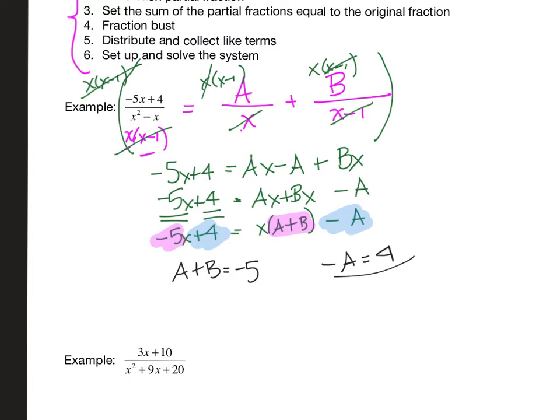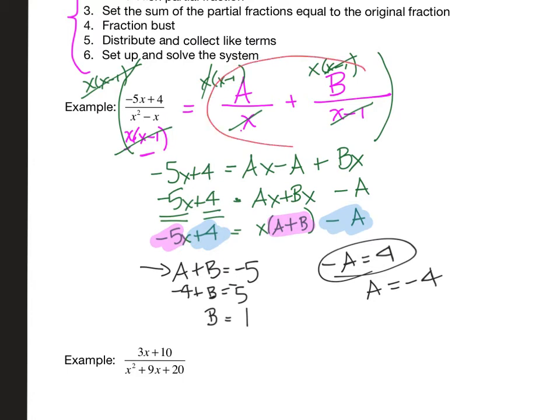From this equation, it's pretty easy to see that a has to be negative 4. If I put that into this equation, I now have negative 4 plus b equals negative 5, or b equals 1. Now that I know what a and b are, here is how you actually write your answer.